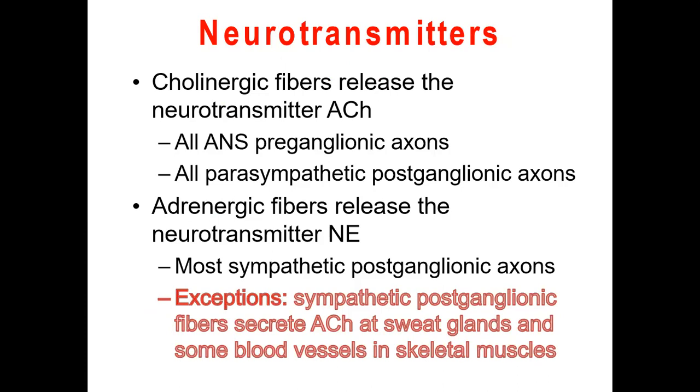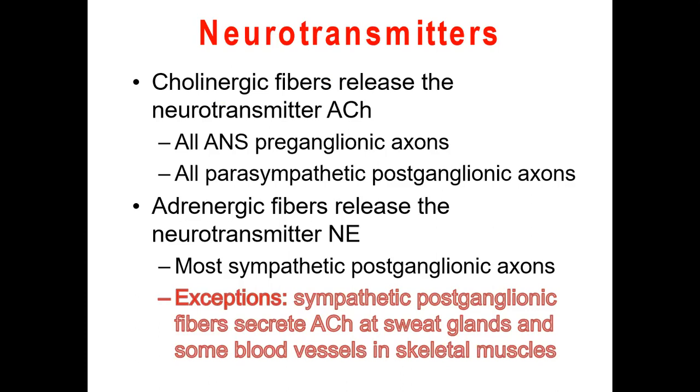So in all ANS preganglionic axons, acetylcholine is the neurotransmitter, and in all parasympathetic postganglionic axons, acetylcholine is the neurotransmitter.